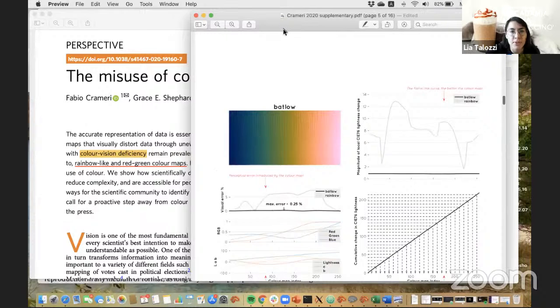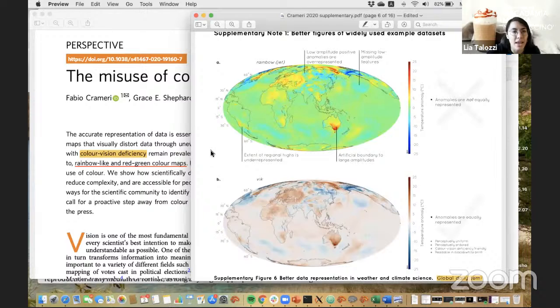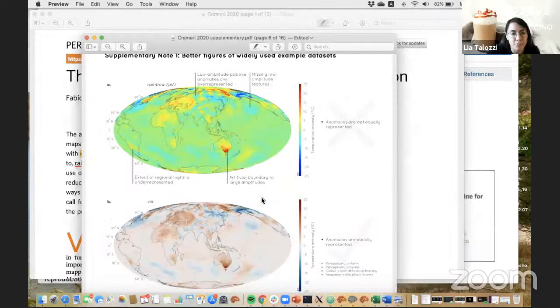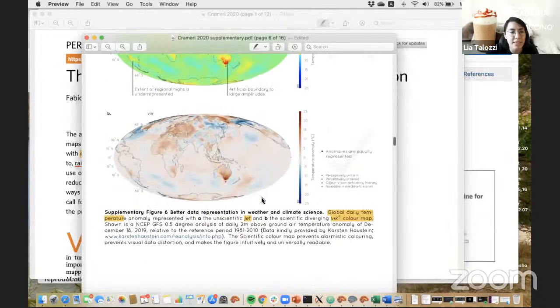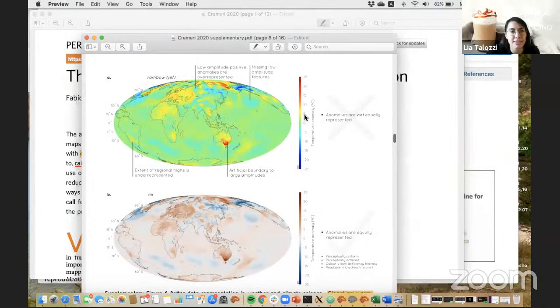For example, here it's the global daily temperature represented in a color scale that is the rainbow jet color scale, and you can see that the color map goes from the blue to the red, passing through the yellow.